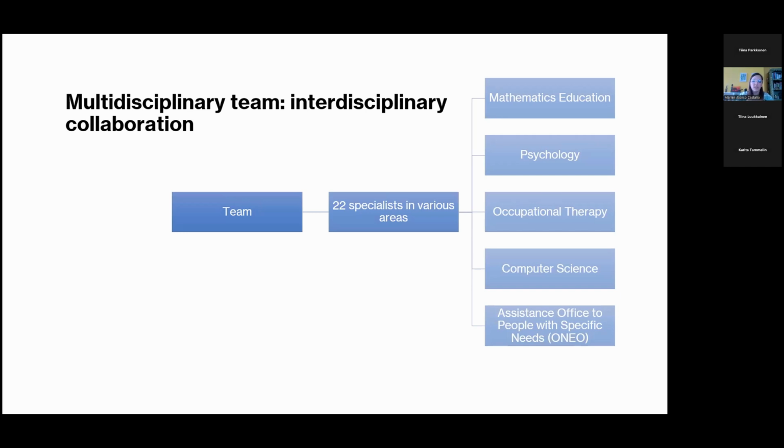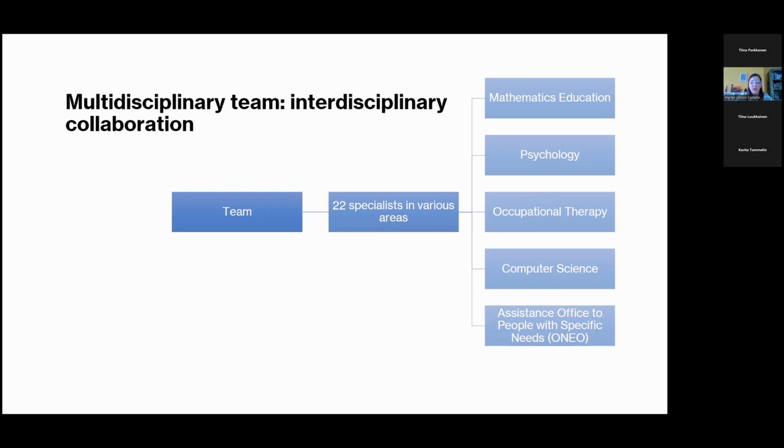We have mathematics educators, so we're focused on adapting the didactic mathematical context. We have pedagogy specialists, psychology specialists, to support the understanding of the emotional and cognitive needs of the students, and professionals from occupational therapy to deal with the physical and functional adaptation of materials.